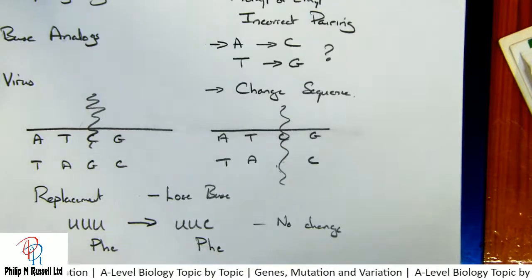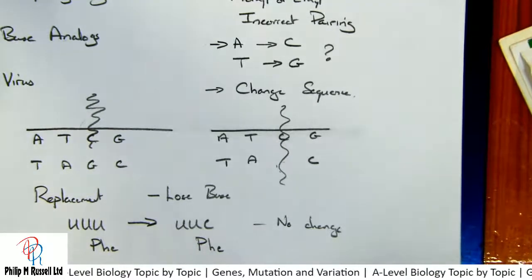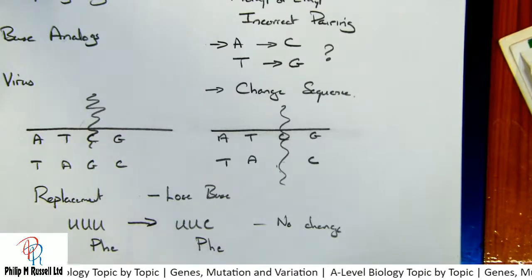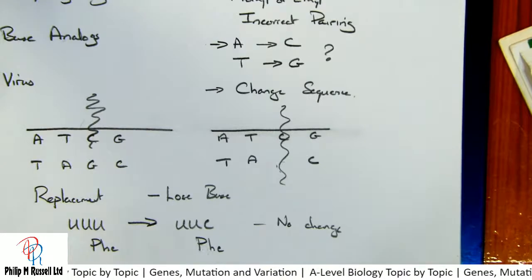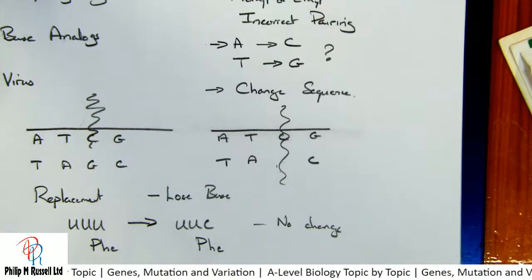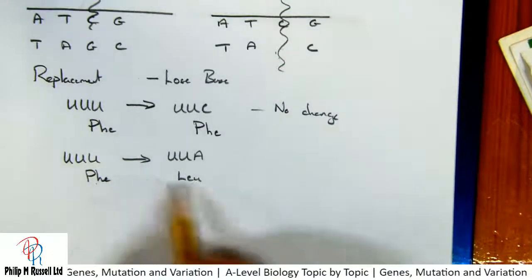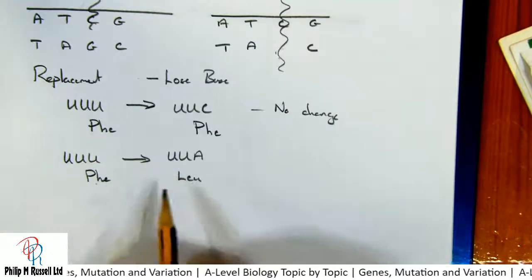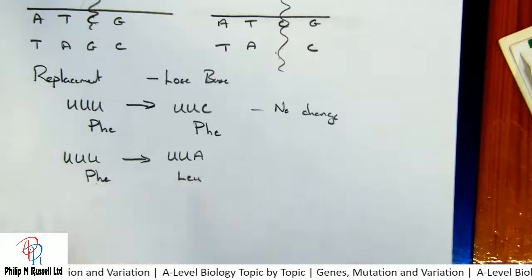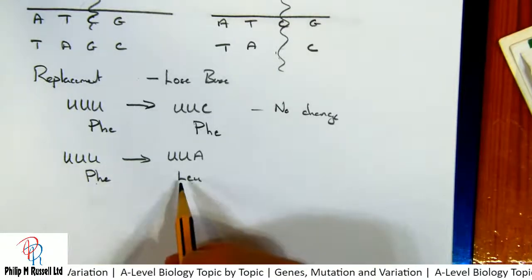If, however, UUU was substituted with something like UUA, then we are seeing some changes, phenylalanine to leucine, and the properties of these are very, very different, and because they're so different, they cause big problems when we translate this into the protein.